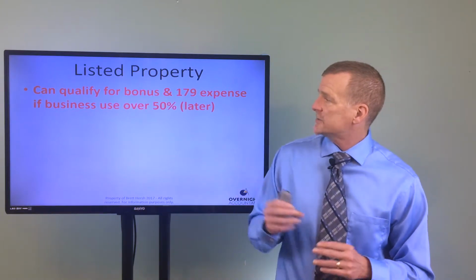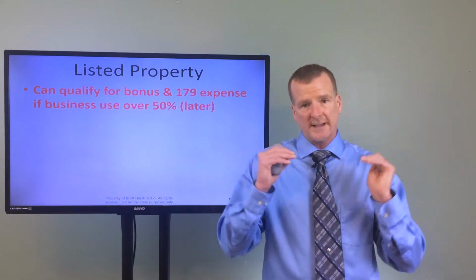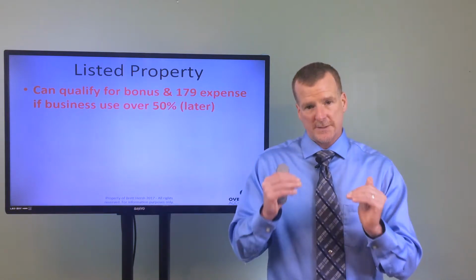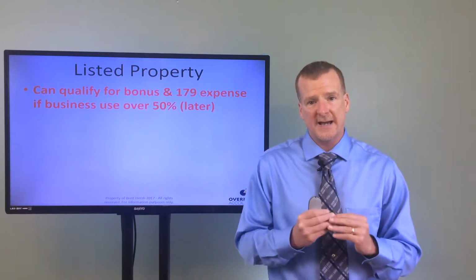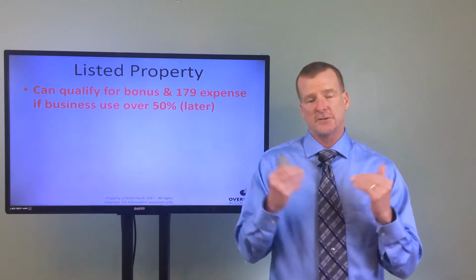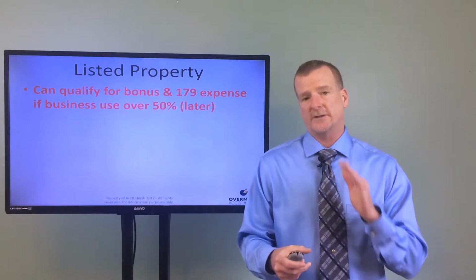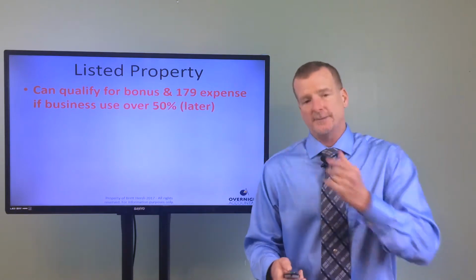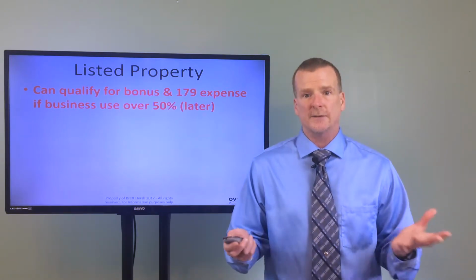Now, listed property, we're going to discuss this a little bit later, but they can also qualify for what's called bonus depreciation and 179 expense, again, if it's used over 50% business use. We're going to discuss what bonus depreciation and 179 expense are a little bit further in the course.